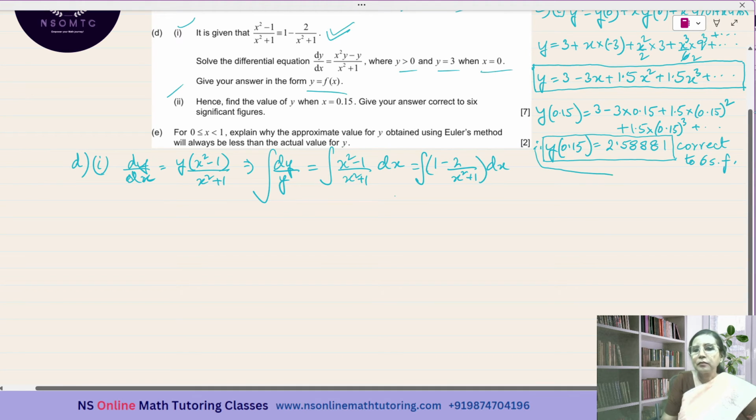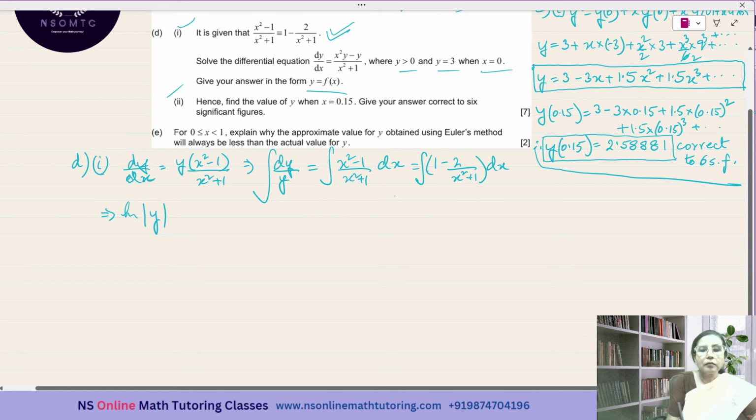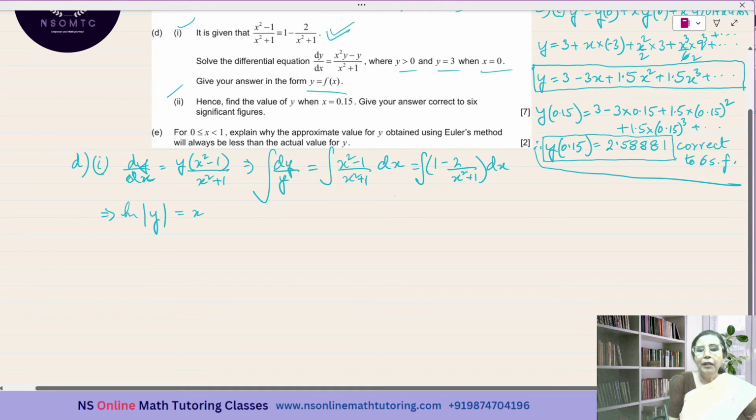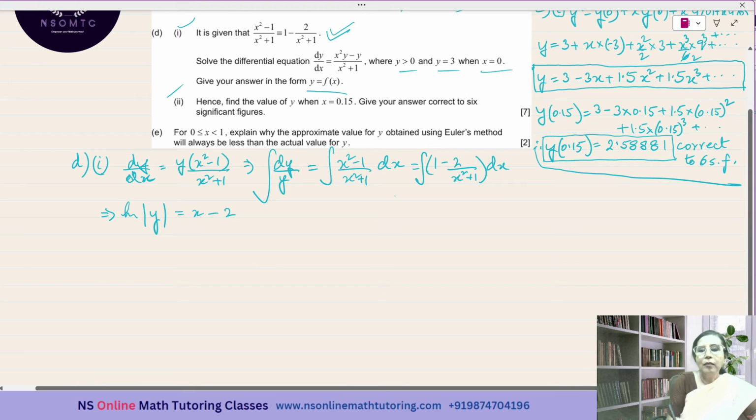Therefore, this is ln of y. And if I just separate this, integration of 1 dx is x, minus integration of 2 over (x squared plus 1) with respect to x will be minus 2 times the integration of 1 over (1 plus x squared).